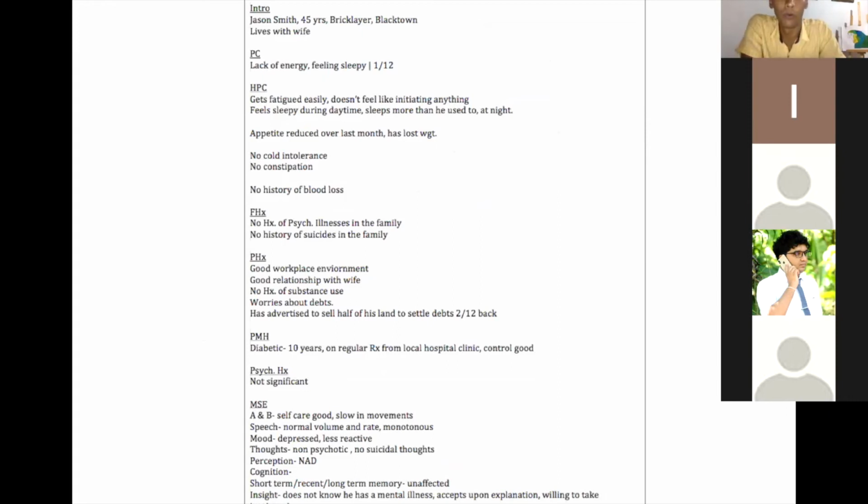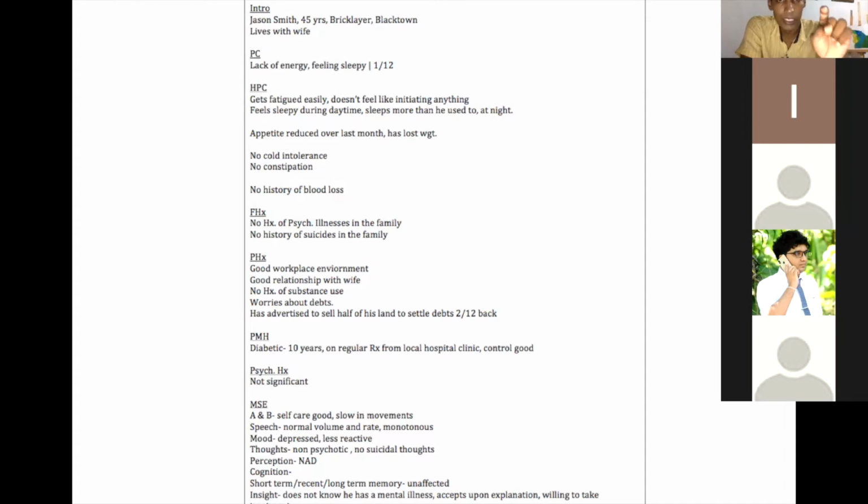Now, how I would do this in, let's say, an exam setting, that's the most pressing concern for you at the moment, is I would have an empty piece of paper, and I would write down the topics: introduction, then presenting complaint, history of presenting complaint, and blank spaces to write down. I can't write in sentences in an exam setting.